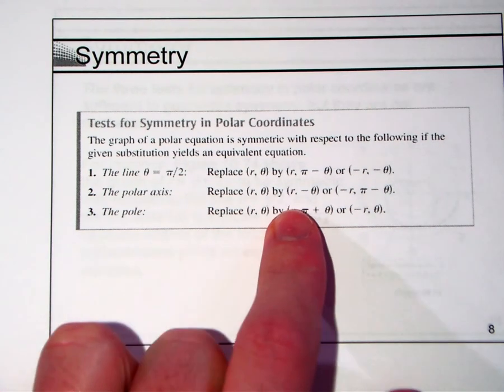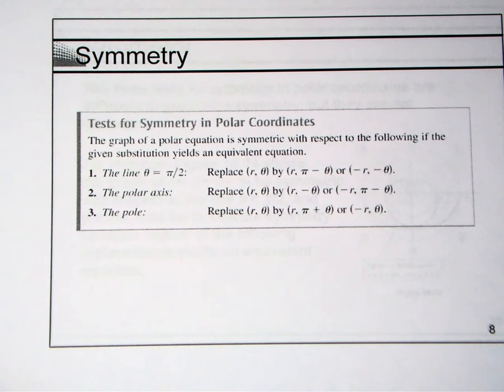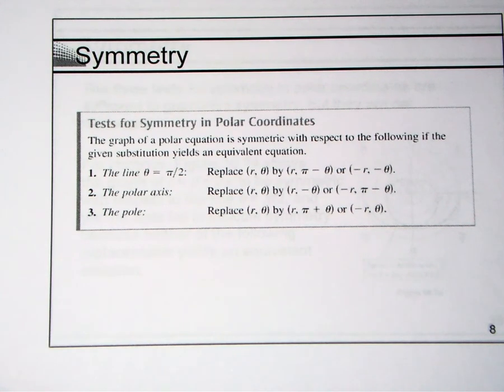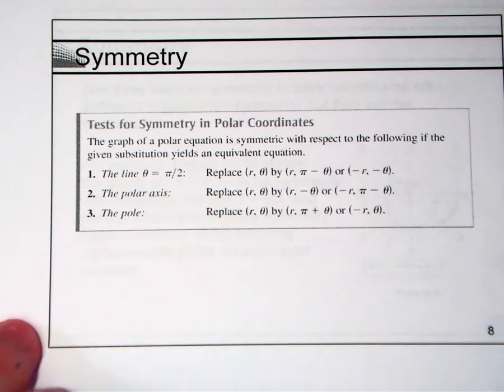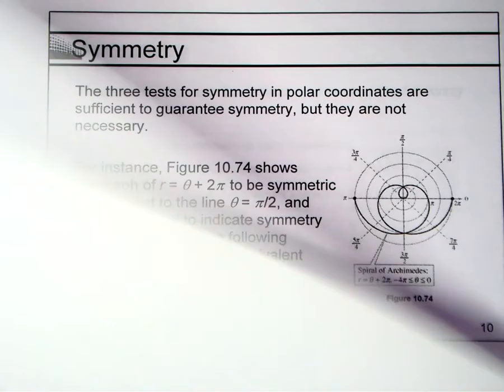Okay, if you can replace it with r comma negative theta and it works out to be the same thing, then it's going to be symmetrical with respect to the polar axis, or what we used to call the x-axis. And if you can replace it with r comma pi plus theta, or negative r comma theta, and it works out, then it would be rotational symmetry. And again, we'll get a little bit easier even than that.